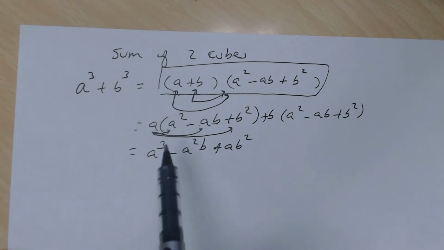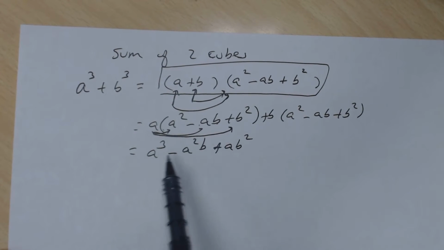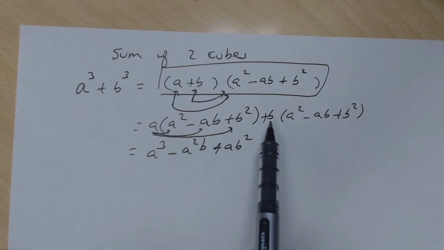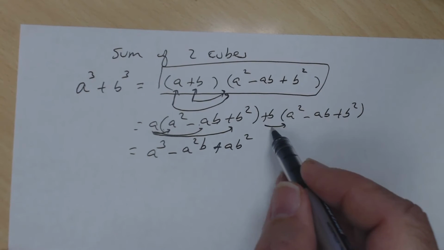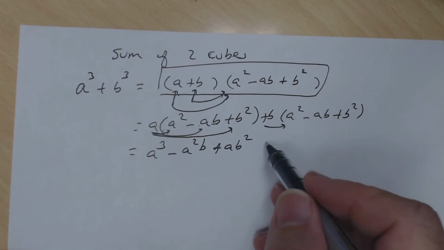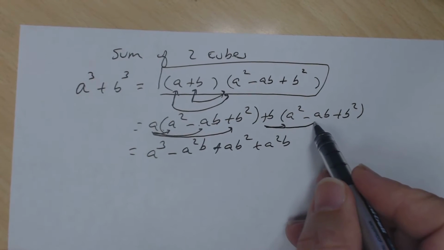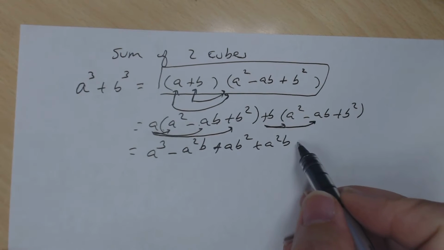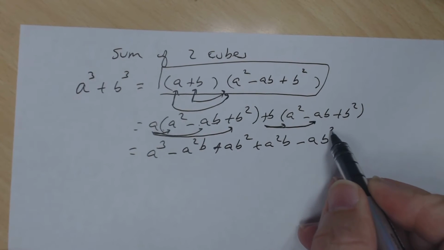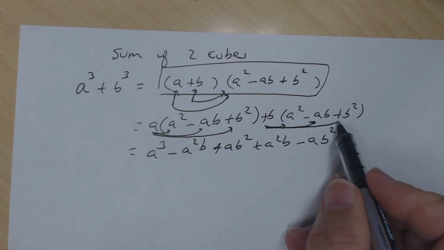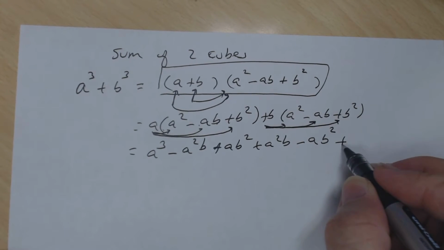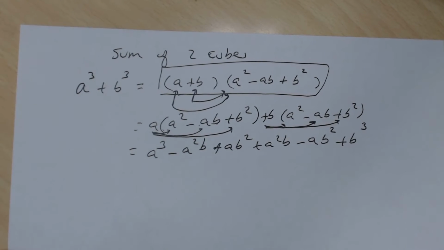So when I distribute the a, this is the trinomial I get. Over here, when I distribute the positive b, I get b times a squared is a squared b. B times a negative ab is a negative ab squared. And b times a positive b squared is a positive b cubed.